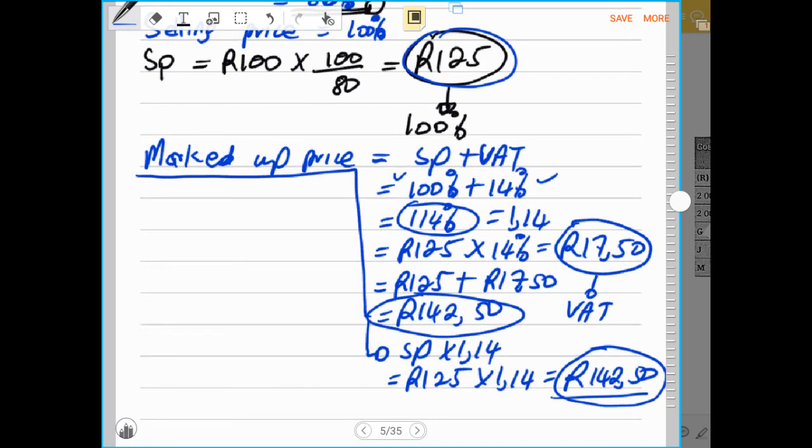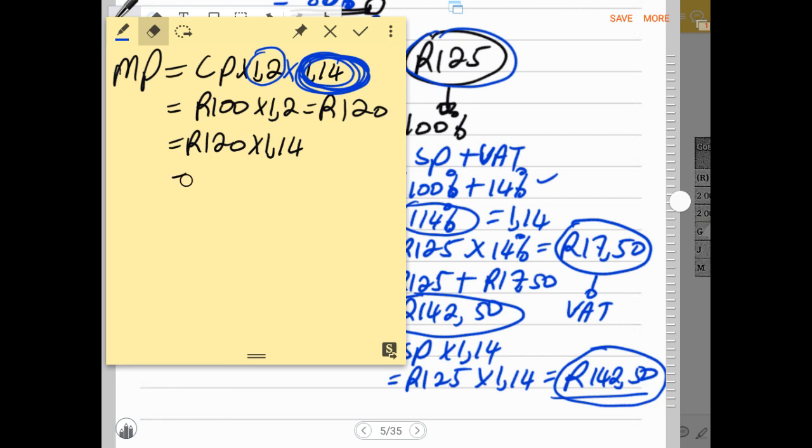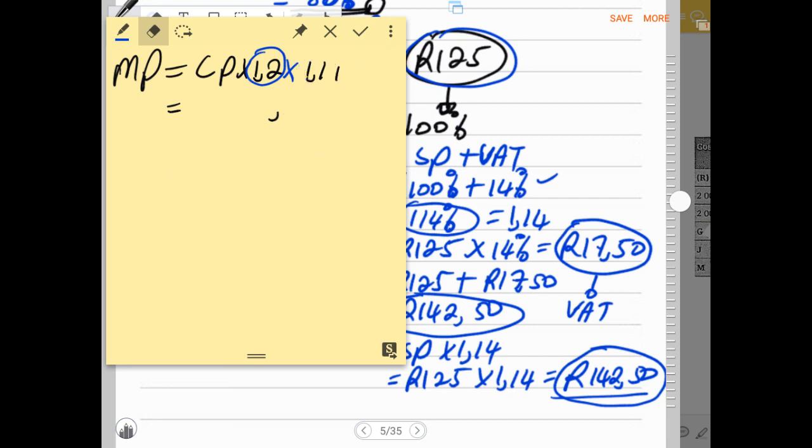So now to take it a little bit further, to get to the marked up price, we would have said cost price times 100 divided by 80. Remember 100 divided by 80.